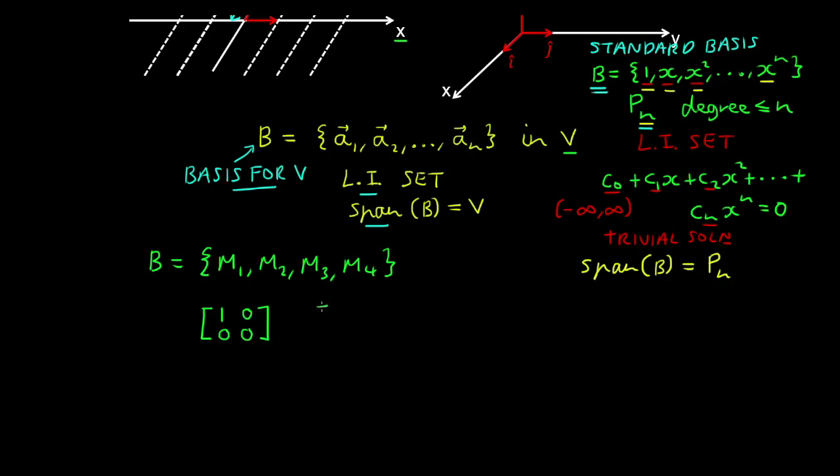And similarly, M2 has a 1 in column 2 and 0s otherwise. And M3 has a 1 in row 2 column 1 and 0s otherwise. And M4 has a non-zero entry in row 2 column 2.